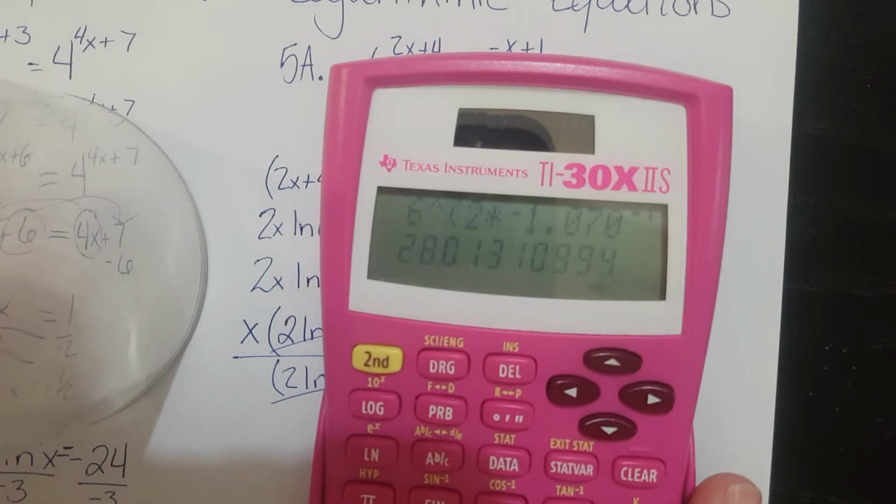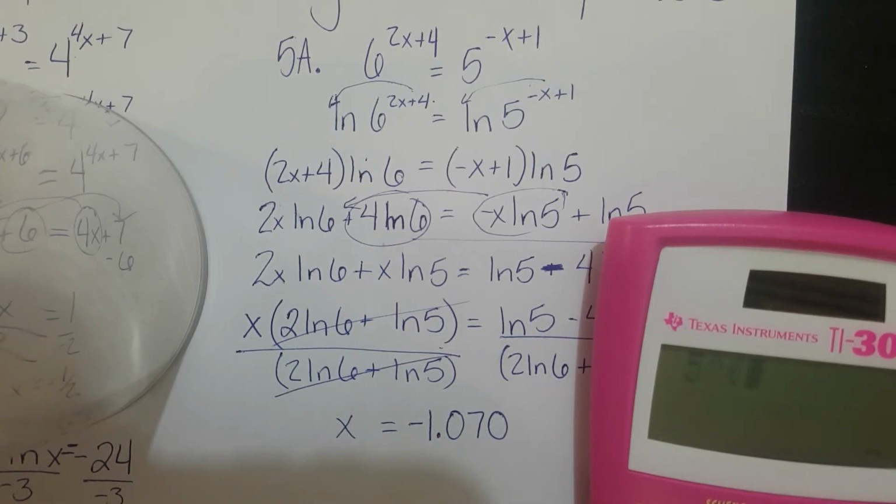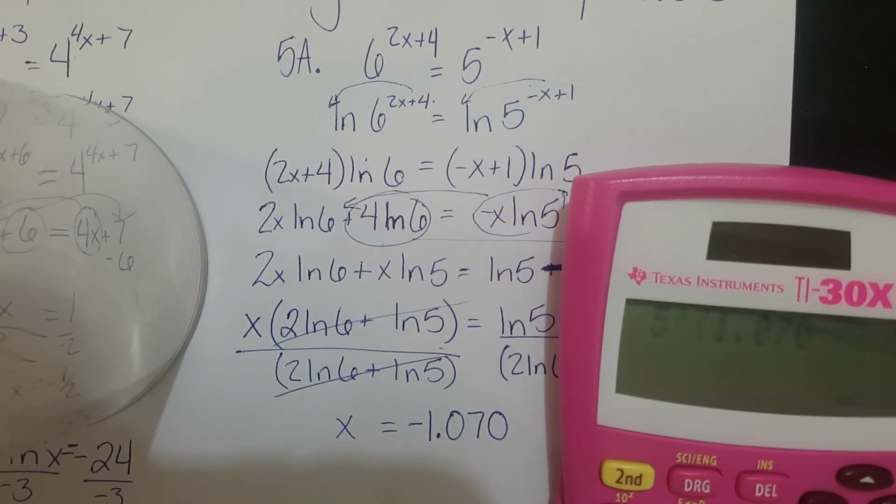And I get about 28 on the left side. And then on the right side, I've got 5 to the power of negative, so it'll become positive, 1.070 plus 1.